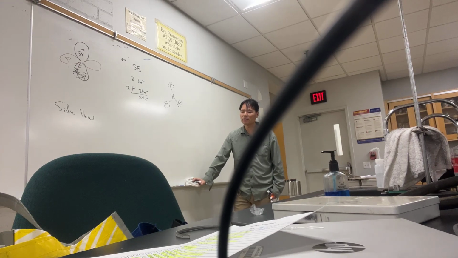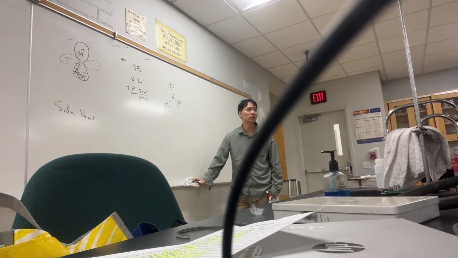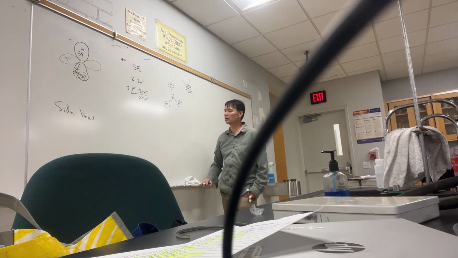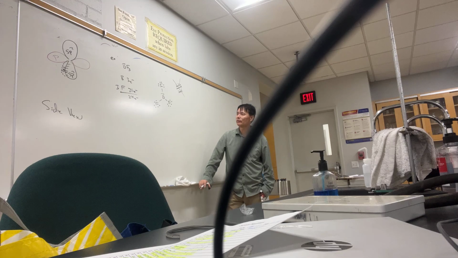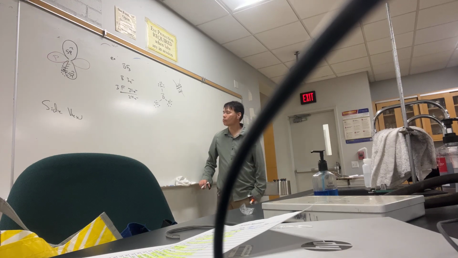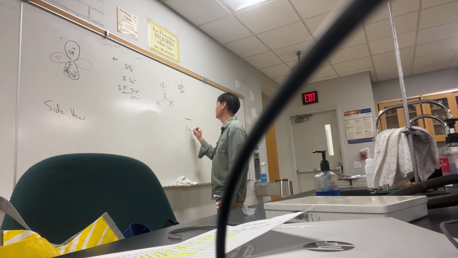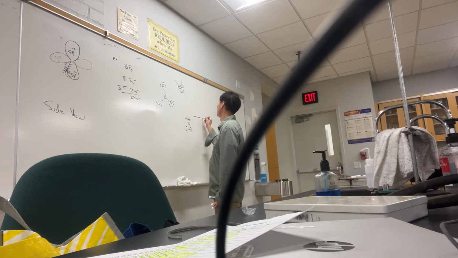Unhybridized, boron is going to be helium core, 2s2, 2p1. Unhybridized boron can form how many bonds? Only 1. We don't have to hybridize, we could just promote. If we promote an electron, then we can form 3 bonds.